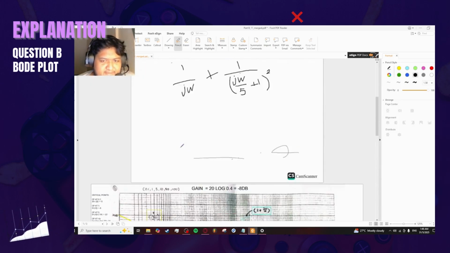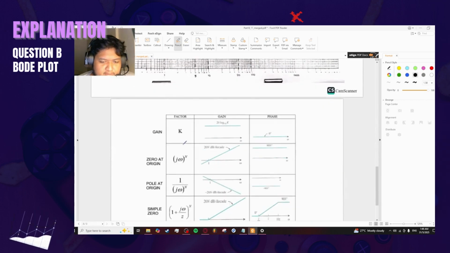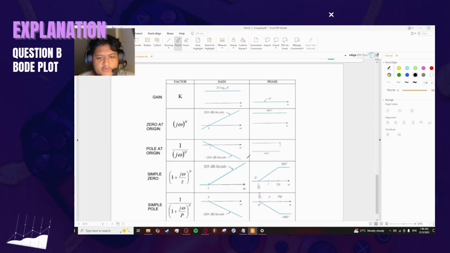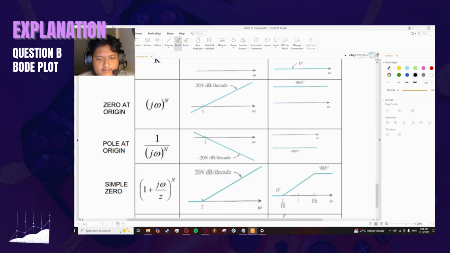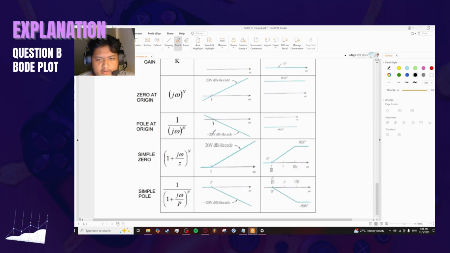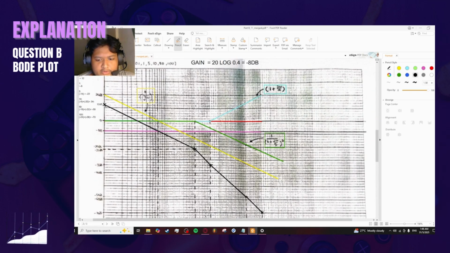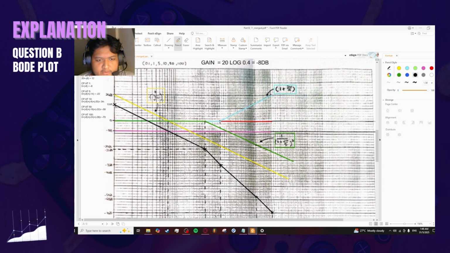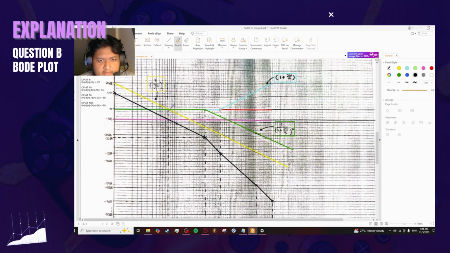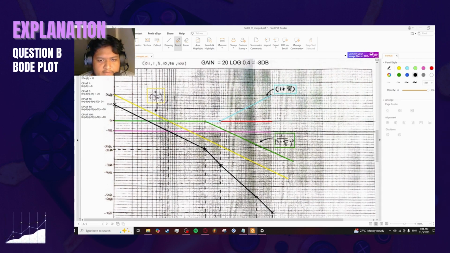If you look at this function here, 1 over j alpha is actually a pole at origin, so you need to go down 20 decibels. But for this factor, you need to start at the number 1 point here. On my graph, I've used the color, I believe yellow, to draw the pole at origin, or 1 over j alpha function.